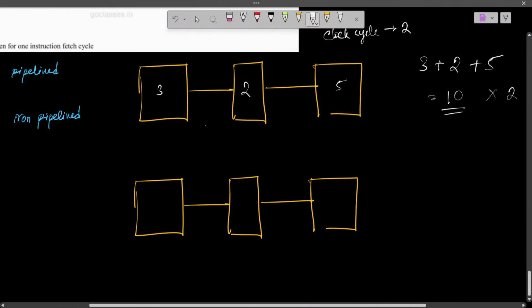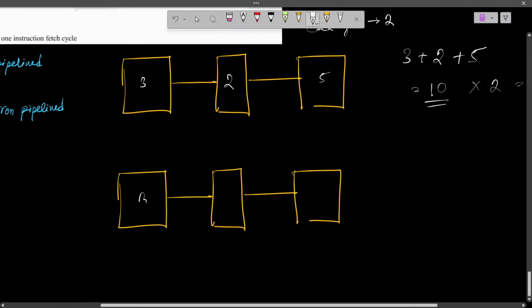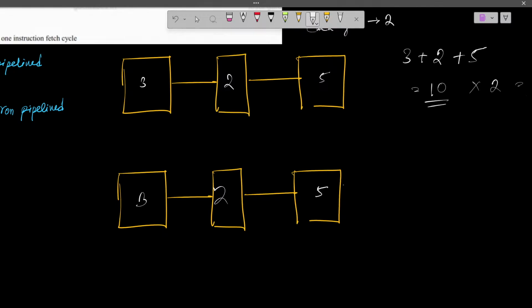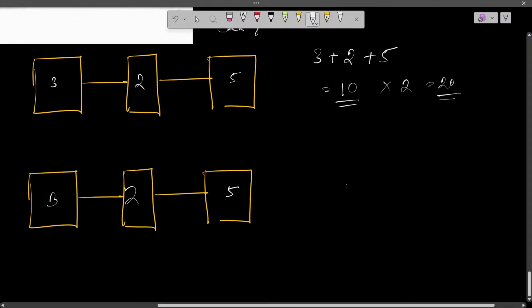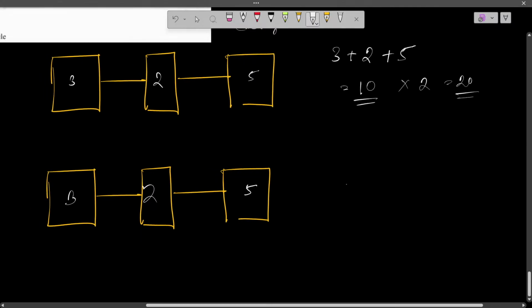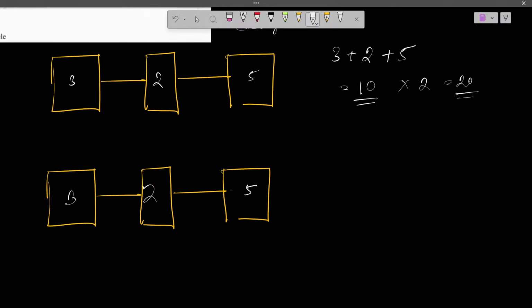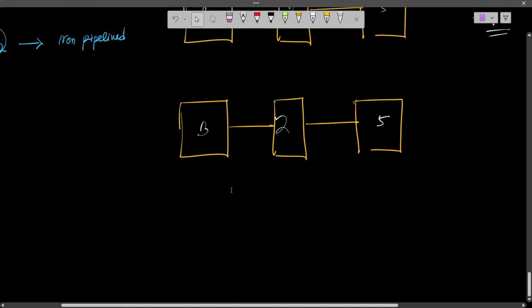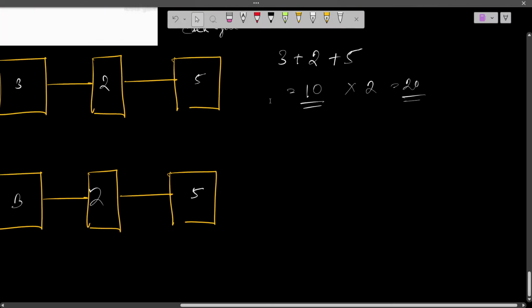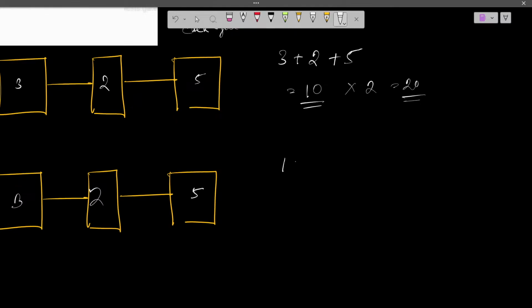So for a single instruction, it will take 3 stages, so 1 into 3, but the catch here is it can have overlaps.